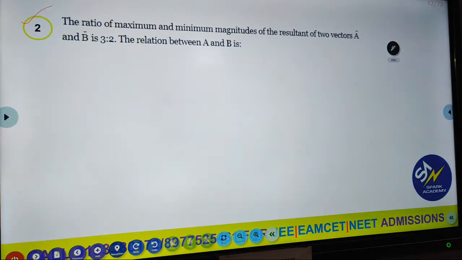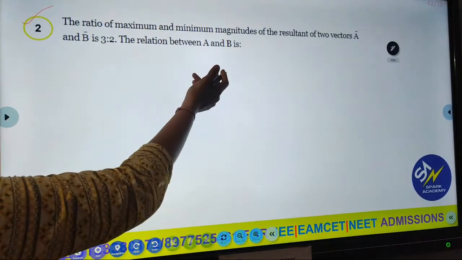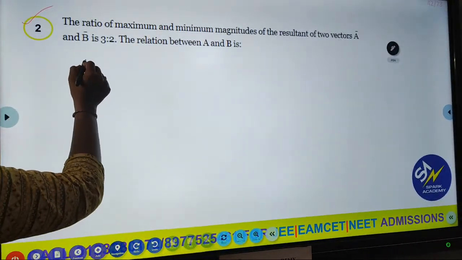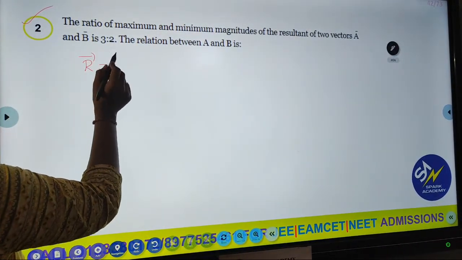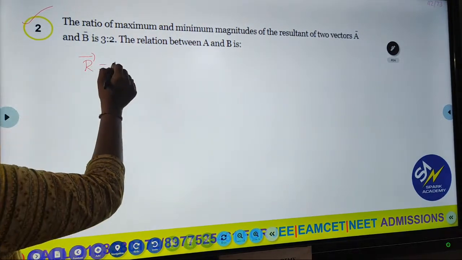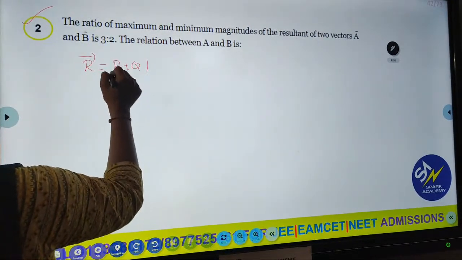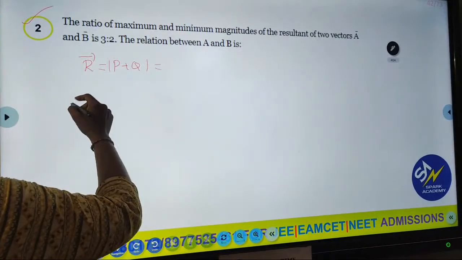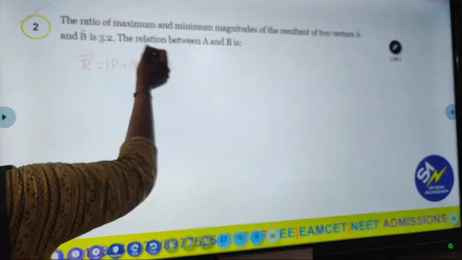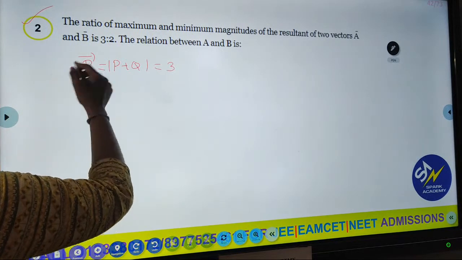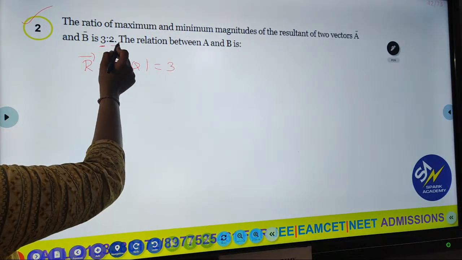Next question. The ratio of maximum and minimum magnitudes of resultant of two vectors A bar and B bar is 3:2. What is the relation between them? Let us take the resultant is maximum with the addition of vectors. They are in the ratio 3:2 as given.